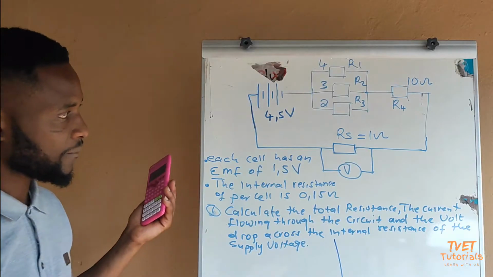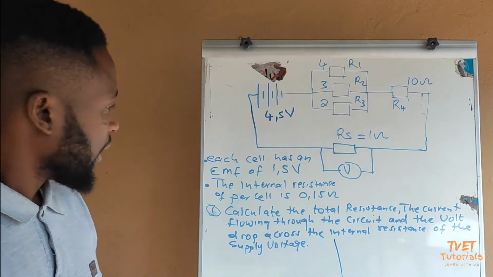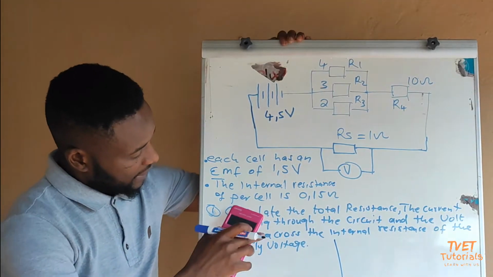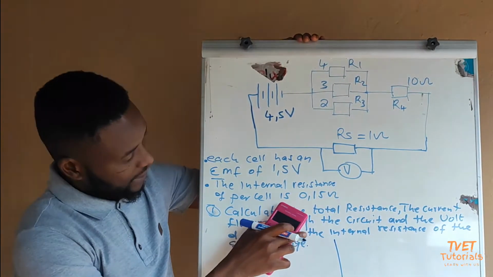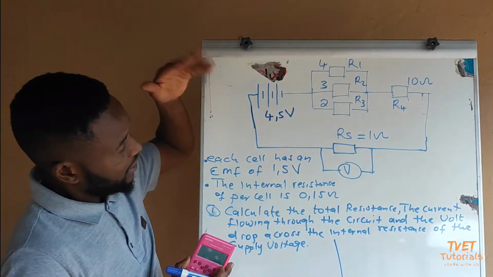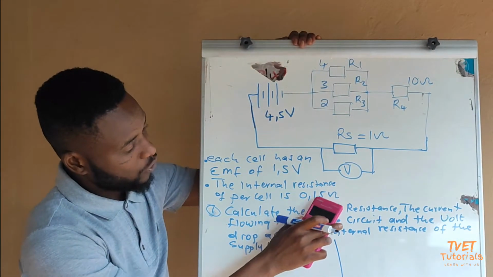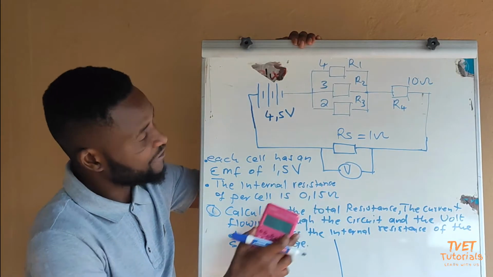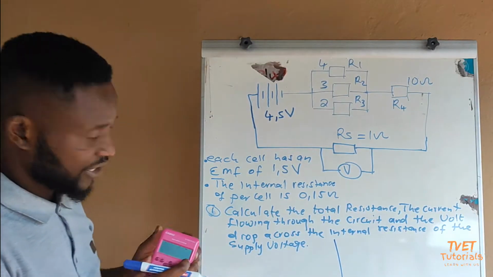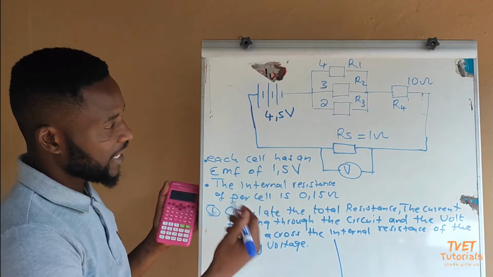So we've got 3 cells there. If we have 3 cells and we're told that the internal resistance in each cell is 0,15, this information will assist us to calculate the total internal resistance.